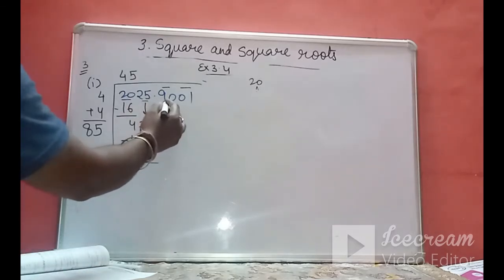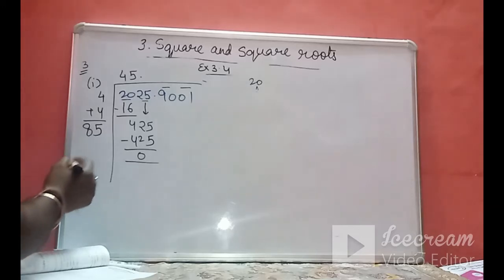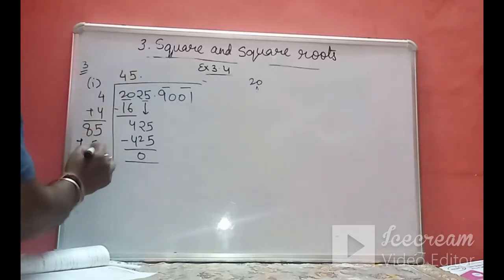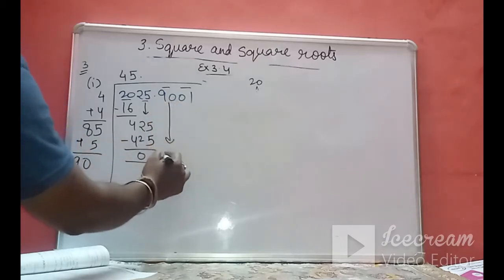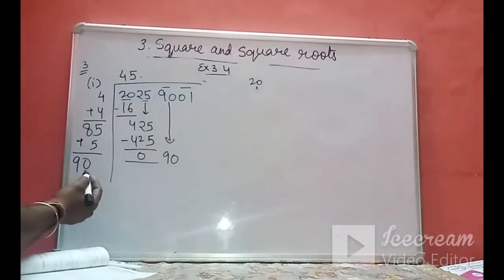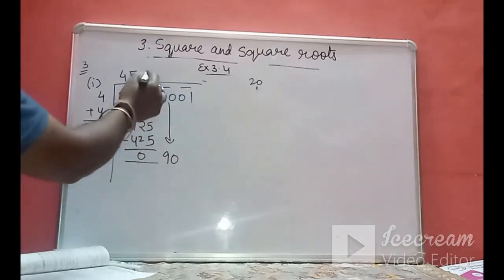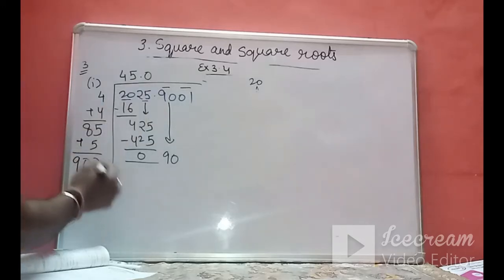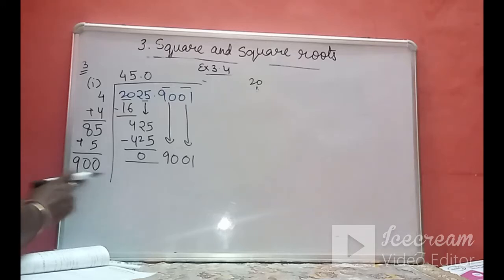Now see, when you bring this pair, before this pair a decimal is there, so we will put a decimal, and this 5 will come here, so it becomes 90, and the pair will come down. Now if you put 1 here, it becomes 901. So again I will put a 0 here, and this pair will come down, and it is 900.